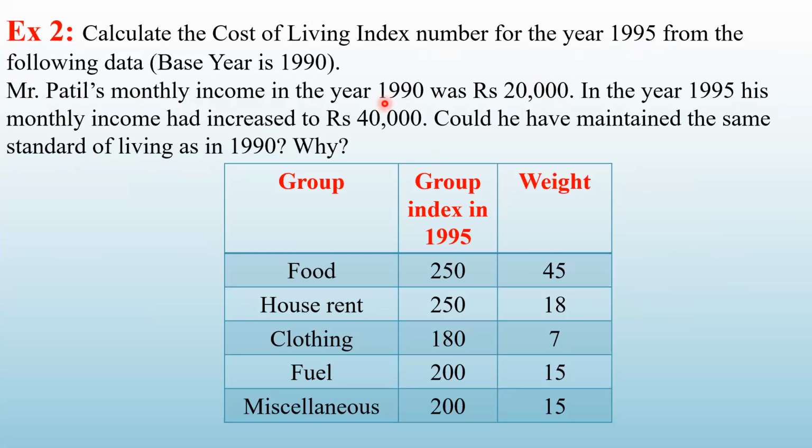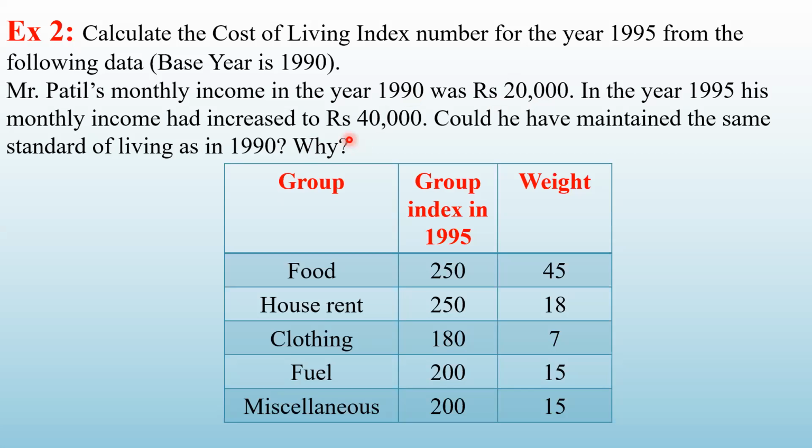In 1995, his income has doubled, 40,000. Now you have to answer, could he have maintained the same standard of living as in 1990? With the increase of his income, double his income, is he able to maintain the same lifestyle as he was maintaining in year 1990? That is what is our question.